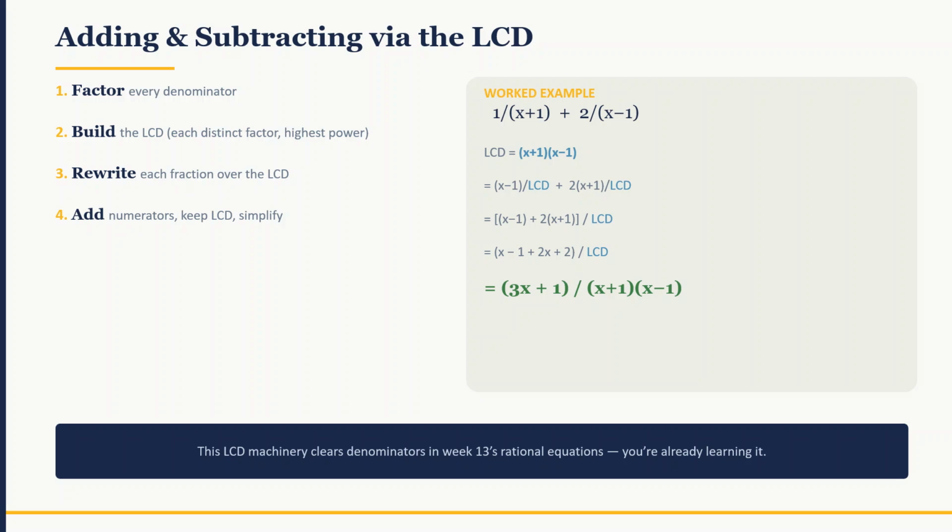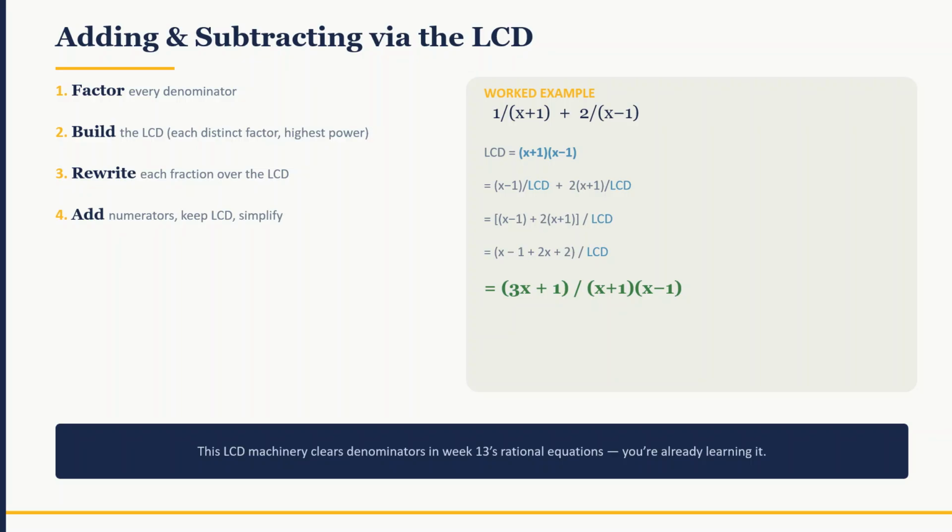The least common denominator is the quantity x plus 1 times the quantity x minus 1, one copy of each distinct factor. Step 3. Rewrite each fraction. The first one is missing x minus 1, so multiply numerator and denominator by x minus 1. It becomes x minus 1 over x plus 1 times x minus 1.